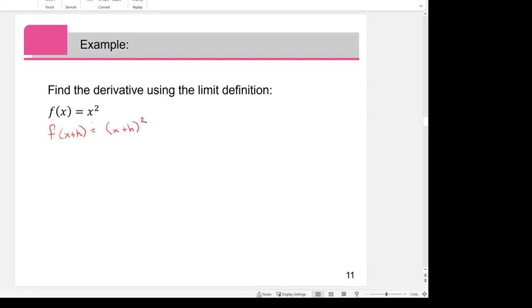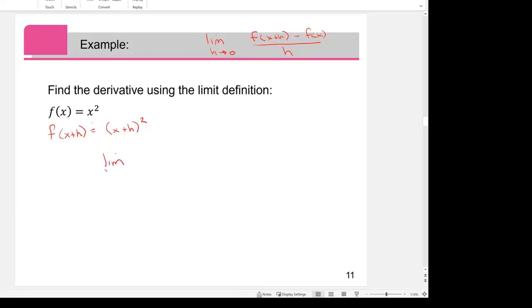And here, I'll write up the formula that we're going to use: the limit as h approaches 0 of f of x plus h minus f of x over h. So we have f of x plus h, we have f of x, and h is just still going to be a variable. So now let's put it all together.